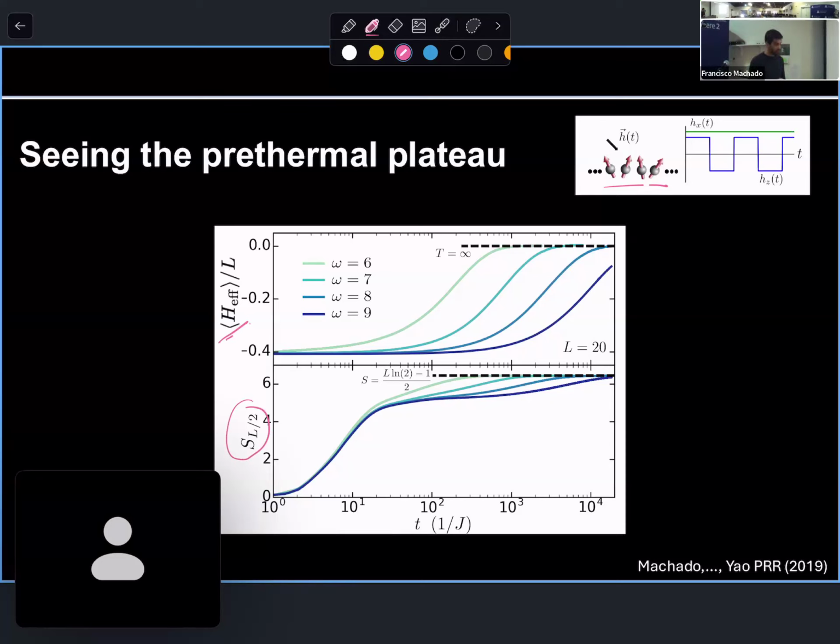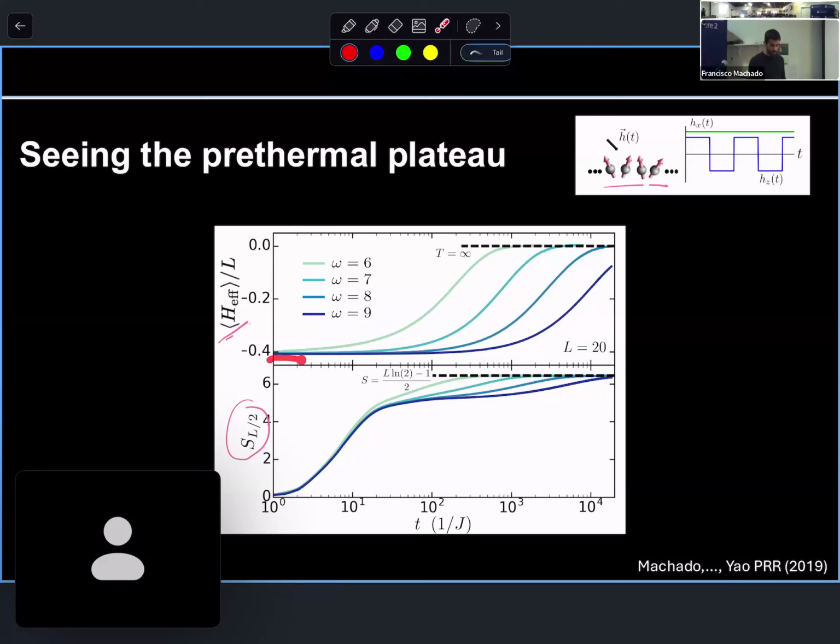Okay. So if we focus on the top one, what we see is that the system basically displays a constant energy density up until eventually, in this log plot, it starts heating up and approaches the infinite temperature value, which in this case is going to be 0. The crucial aspect is I changed my frequency from 6 in units of 1/J to 7.